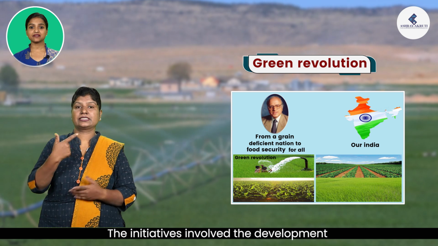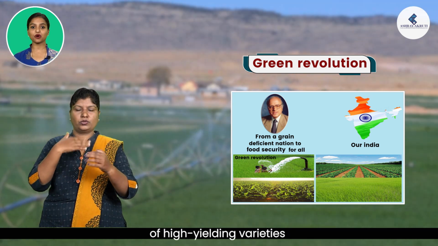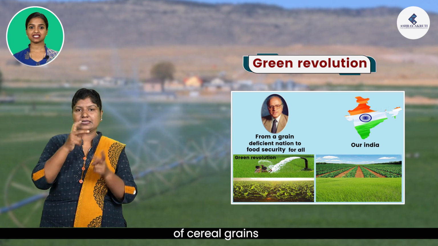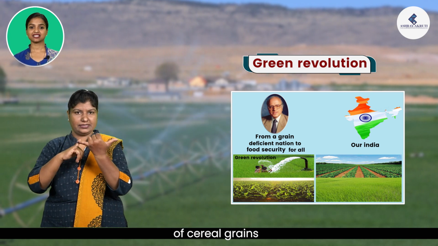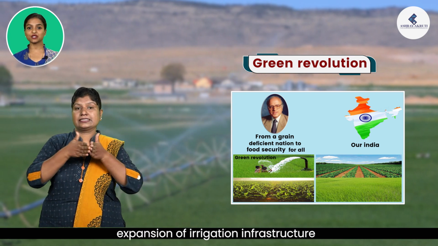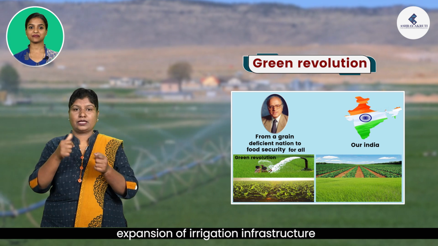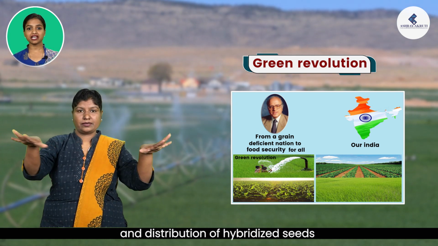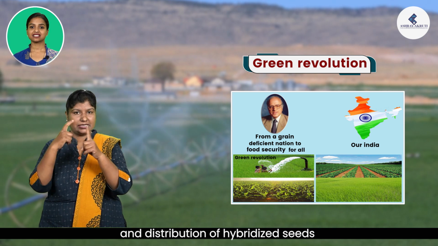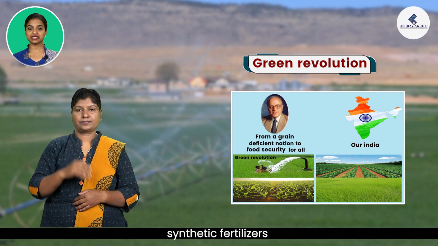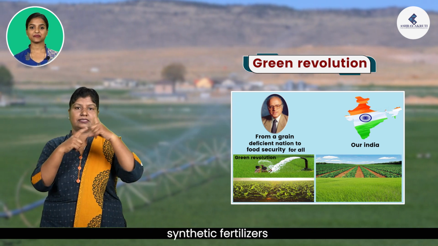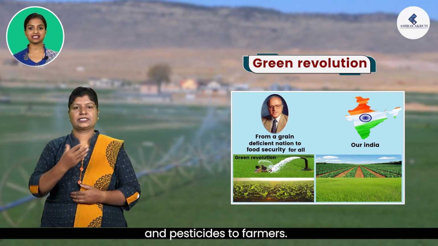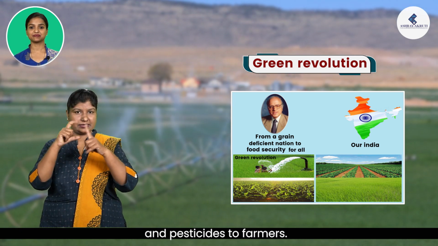The initiatives involved the development of high-yielding varieties of cereal grains, expansion of irrigation infrastructure, and distribution of hybridized seeds, synthetic fertilizers, and pesticides to farmers.